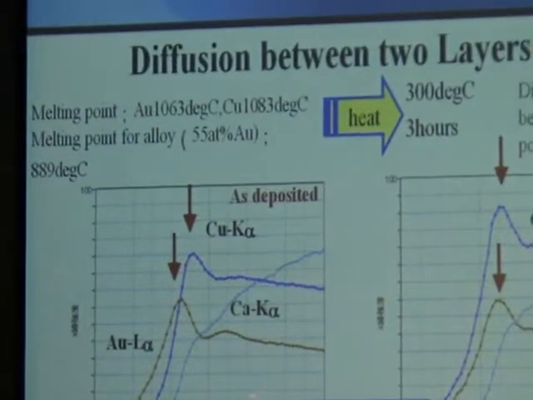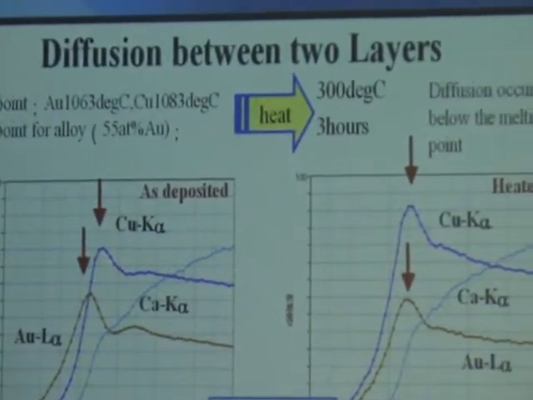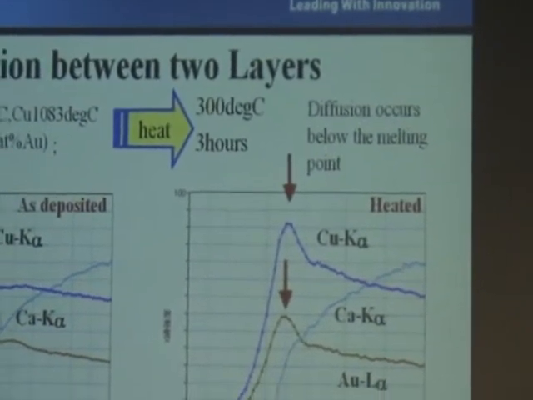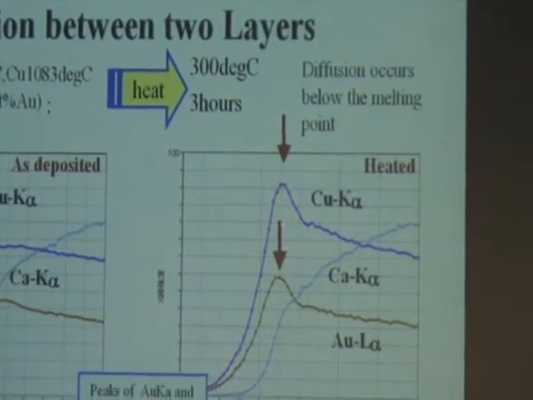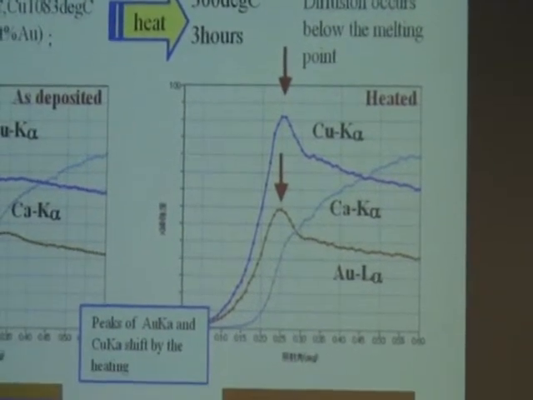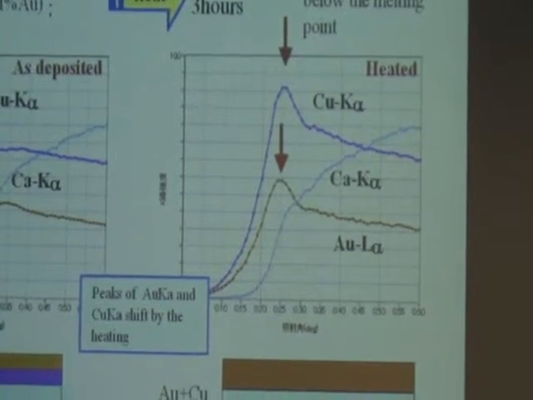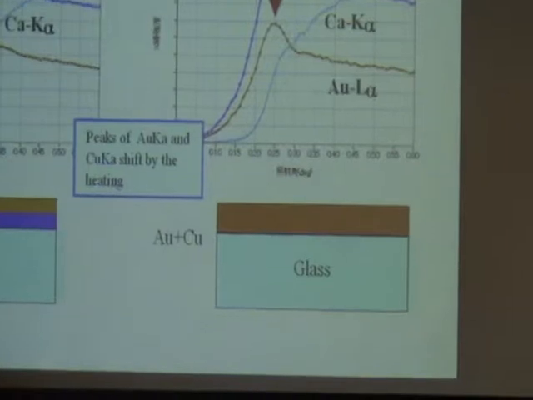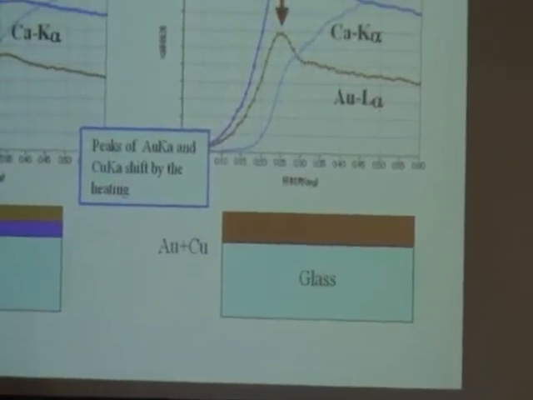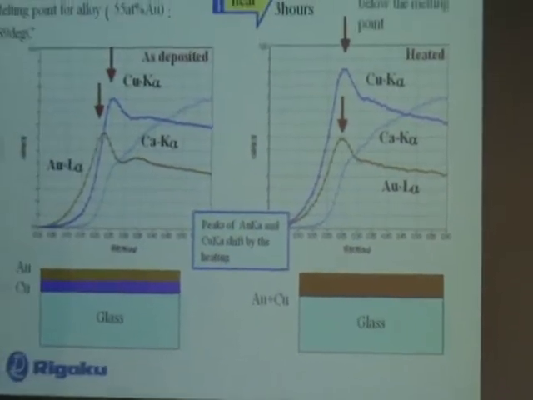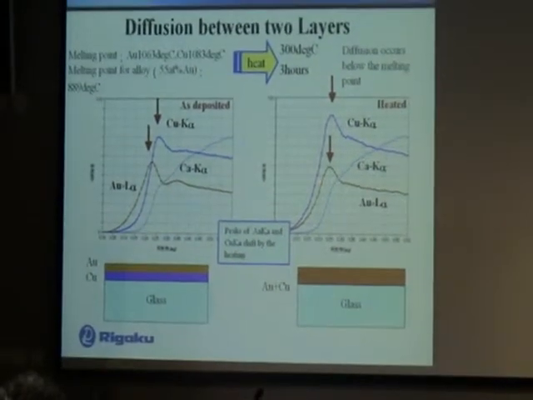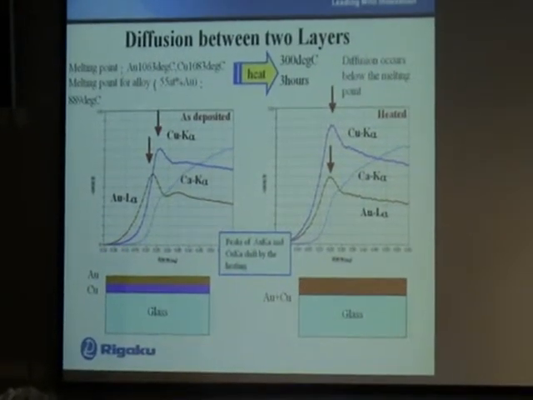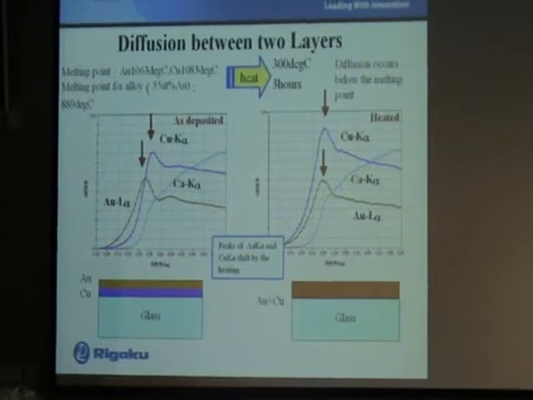The big portion changes from different positions to the same position. We can imagine this pattern shows that gold and copper exist at the same position. This means those make a uniform film.